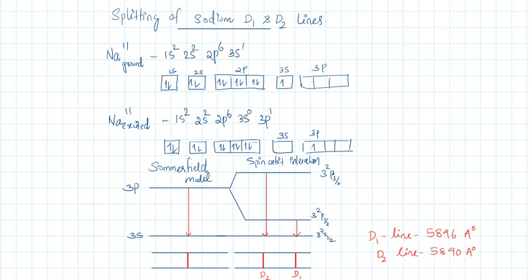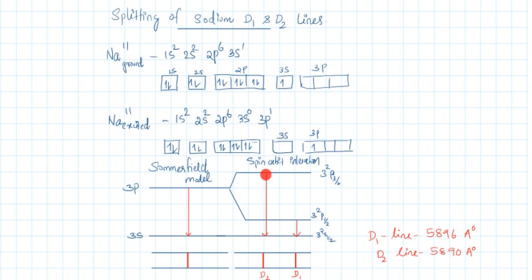With the help of spin-orbit interaction, we can show that this p level will split into two. That is, a doublet will be formed. One is 2p 3 by 2, the other one is 2p half. So this 3p I can denote as 3 2p 3 by 2, 3 2p half. 3s, in spin-orbit interaction, will remain as a singlet state, and it is 3 2s half.